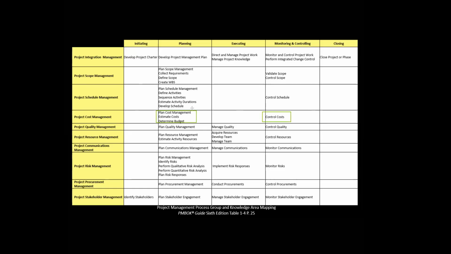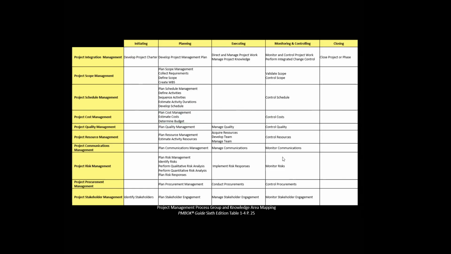It's pretty lean and mean, but when it gets to control cost, it seems to become something entirely different. The first three in this box here are pretty tame. It's when you get into control cost that things start getting a little bit more intense for many people. Not everyone, but a lot of people from my experience.